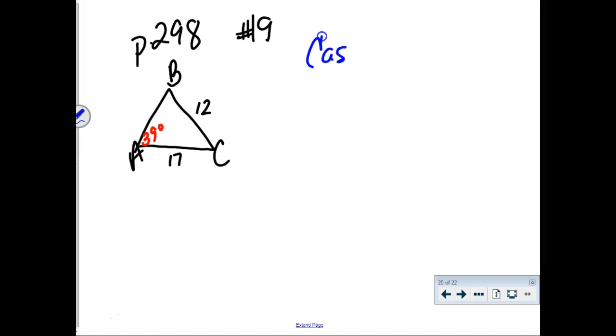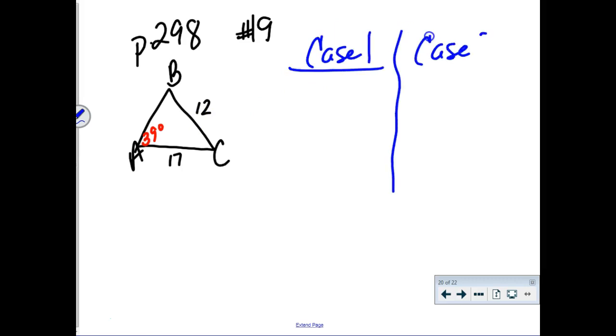So, what I suggest you do, because they do want you to solve for both triangles, meaning that you have to find everything, talk to me about case 1 versus case 2, and then we're going to put all our info here, and then we'll do our math down here. All right, so we have to start with law of sines, because we have angle, side. So law of sines starts with sine of 39 over 12.